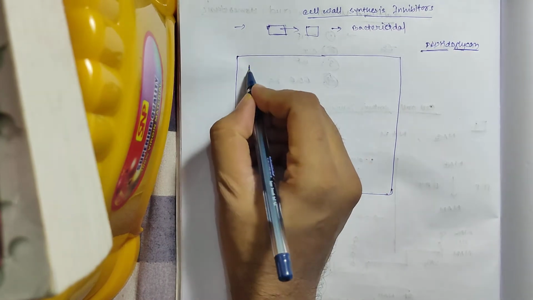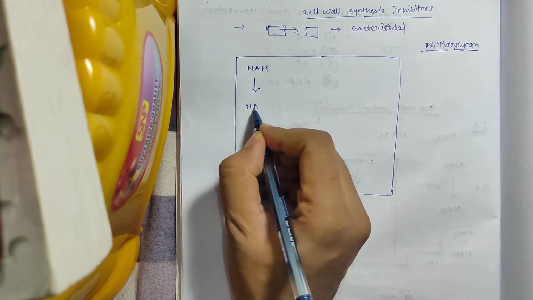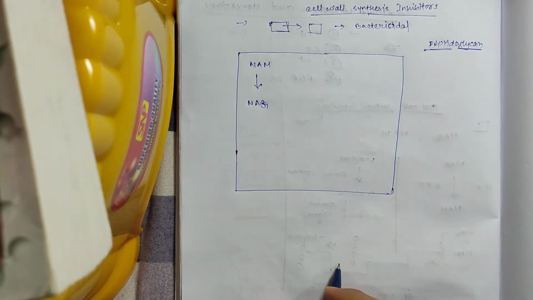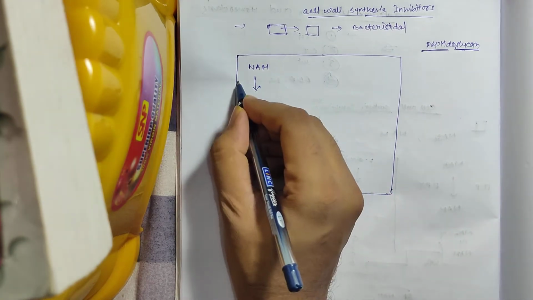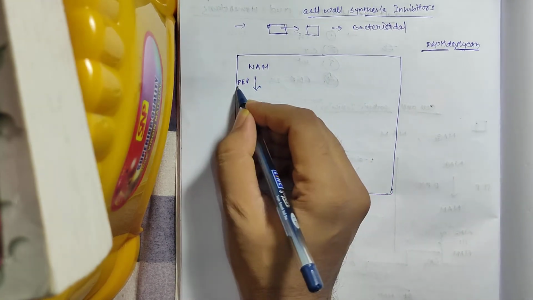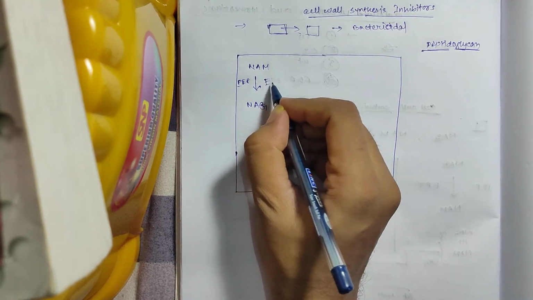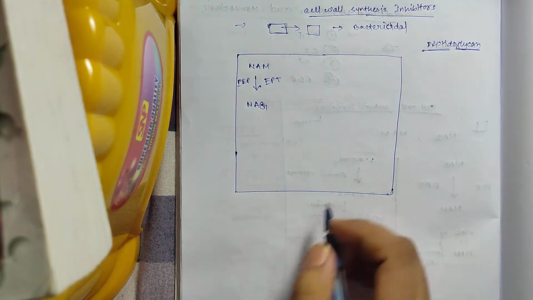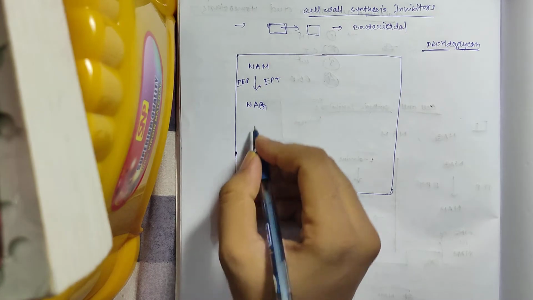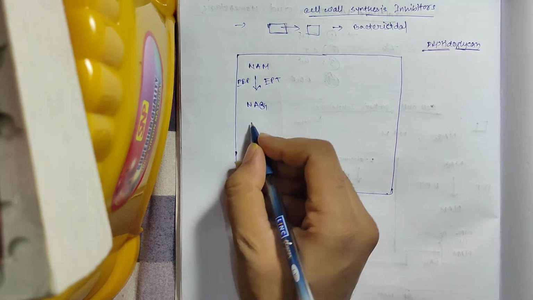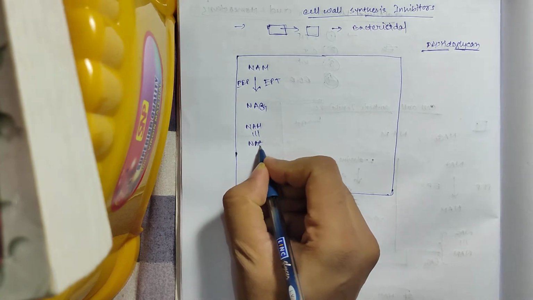At first there is N-acetylmuramic acid, which is converted into N-acetylglucosamine, right? With the help of phosphoenolpyruvate as a substrate, and there is an enzyme, enolpyruvate transferase, right? And after formation of NAG, there's an association of NAM and NAG, right?